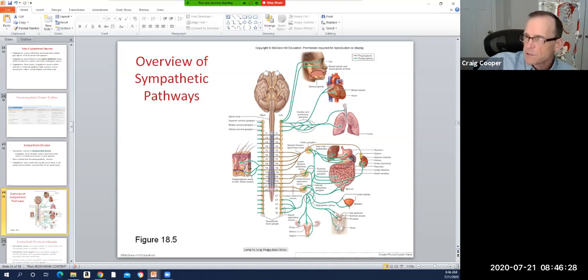With blood vessels and sweat glands, these are going to be excitatory messages. The blood vessels are kind of interesting. They largely just respond to sympathetic stimulation, and in most cases it will cause constriction, because it's going to cause contraction of the smooth muscle if we excite it. We really want dilation of some of these blood vessels.